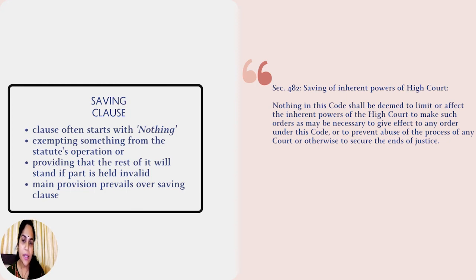If I take the example of section 482 of CRPC, this is a saving clause and it talks about the inherent power of the High Court which is available per se, right? So in simple terms, according to section 482, the High Court should first examine whether the prevailing situation is covered by any other provision given under the CRPC, and if not, then the inherent powers of the High Court will apply.